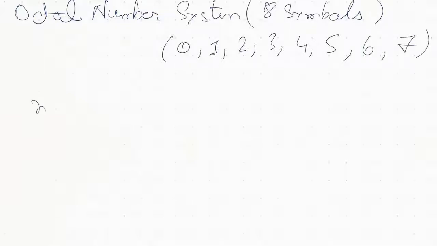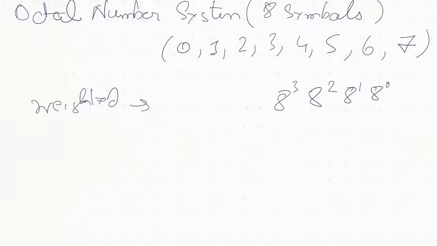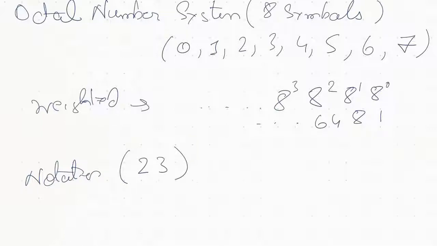Again it is also a weighted number system where the weights are basically 8 to the power 0, 8 to the power 1, 8 to the power 2, 8 to the power 3, and it keeps on continuing. So basically it is 1, 8, 64, and it keeps on continuing just like that. Again, the notation used for representing the octal number system can be 23 with base 8.